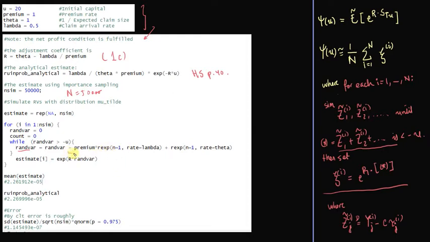Each z tilde is simulated as the claim size minus c, which is the premium, multiplied by the inter-arrival time, and we add it onto itself so long as this randvar value is greater than minus u. As soon as it goes below minus u, we save an estimate given by the exponential of r multiplied by this thing. You can call this the thing that we call psi I.